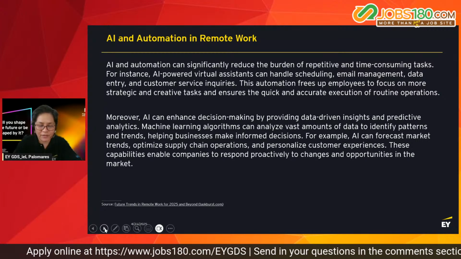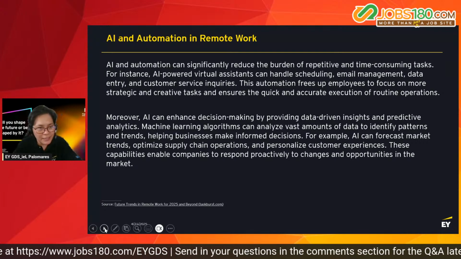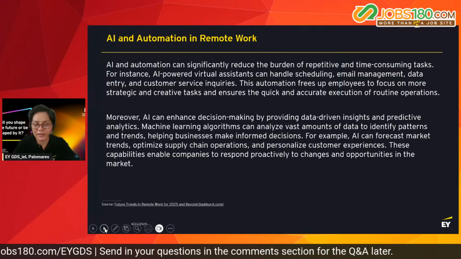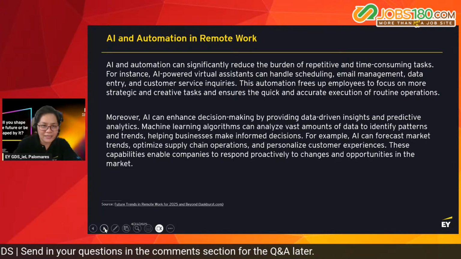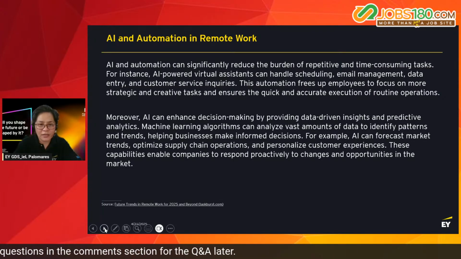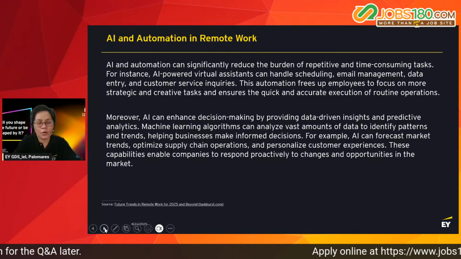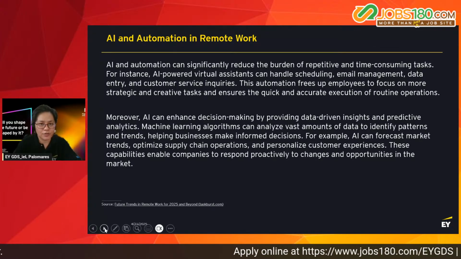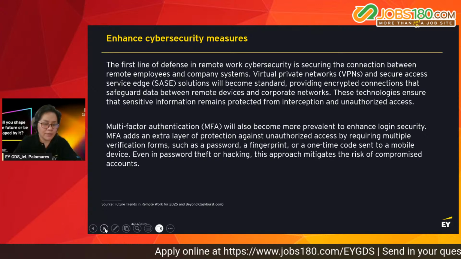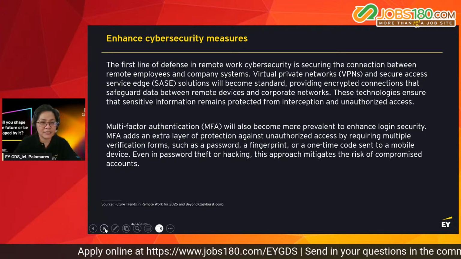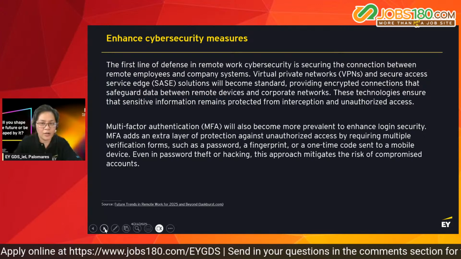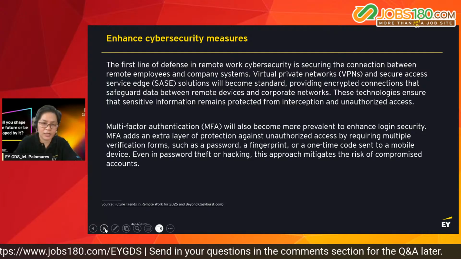Data is always available. That's why there's already a peak or a high demand in data science and data analytics. Because this data will also be used, of course, to further automate or help us in terms of our day-to-day tasks.